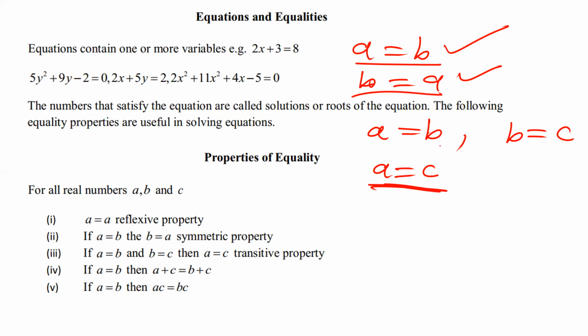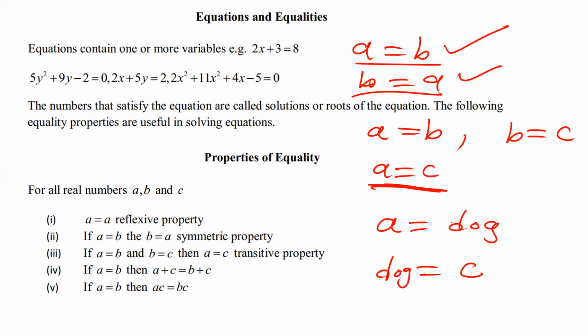It's not difficult to understand. What you just need to know is that if we say A is a dog, and then we also say that this same dog is equal to C.